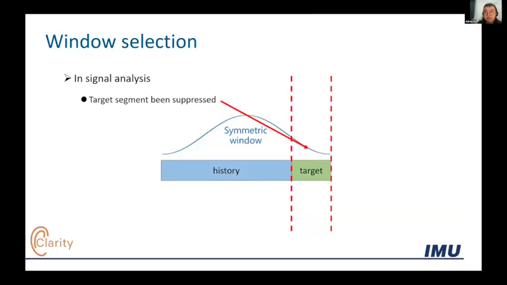Another problem is the window selection in STFT. We commonly use a symmetric window like Hanning, Hamming, etc. Here, there's a problem using the symmetric window function. As you can see, since the target segment is close to the window's edge, the symmetric window function suppresses its energy, which results in a loss of crucial information in the target segment.